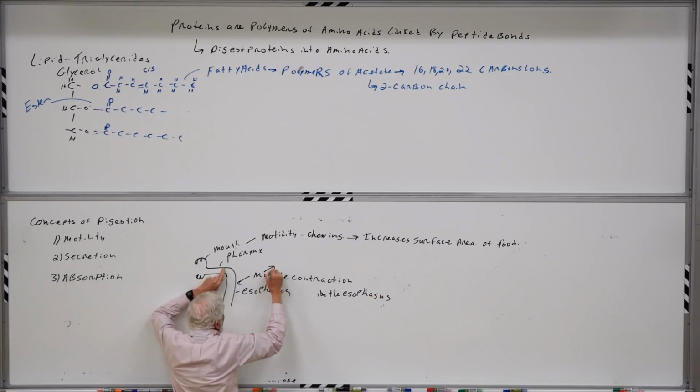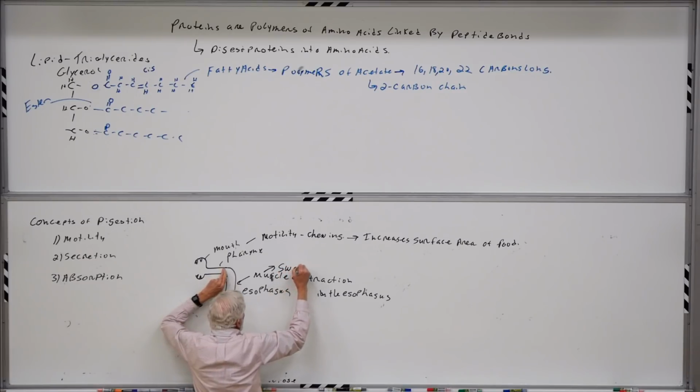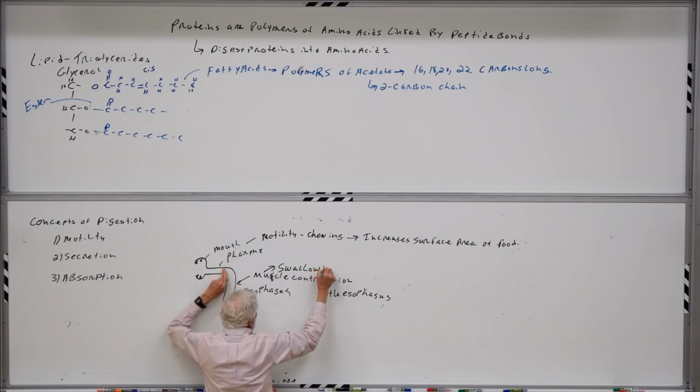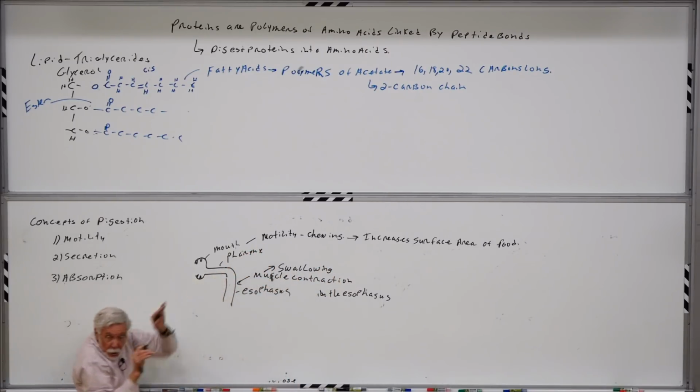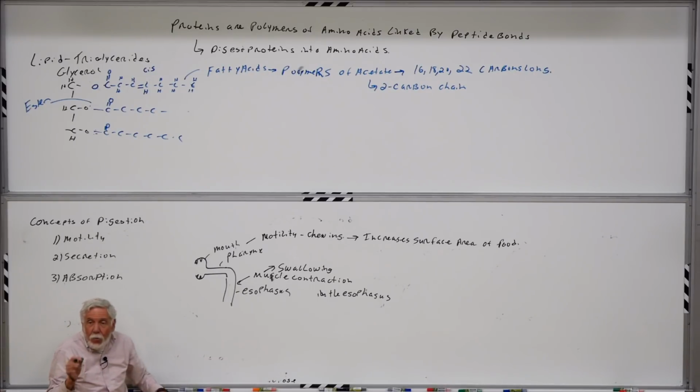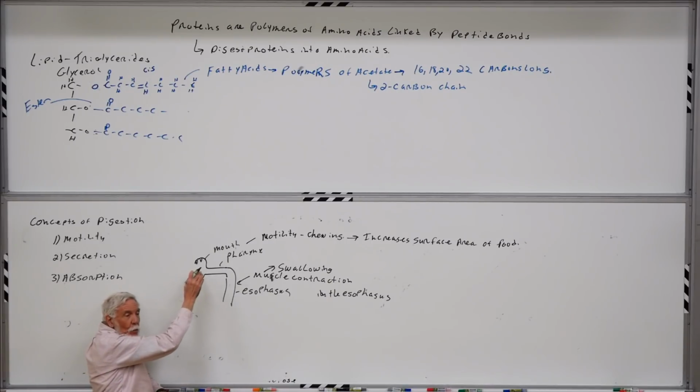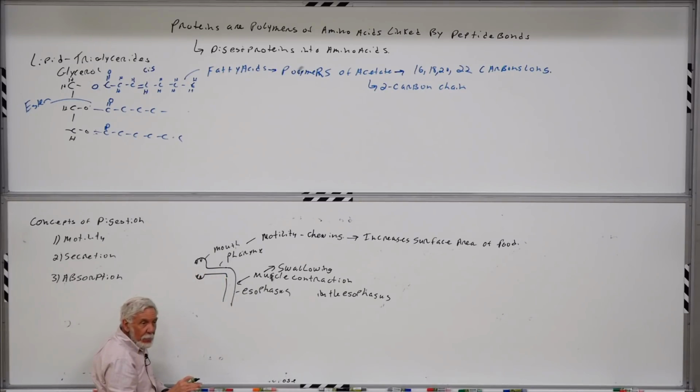So the idea of swallowing and chewing is just a classic form of motility. In chewing, we activate our masticatory muscles and we chew the food, then we swallow it. That's just motility.